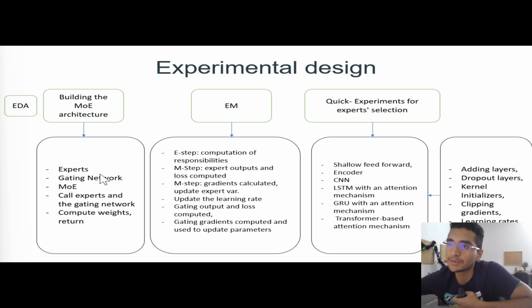So we define how many experts we are using, and we define the architecture of our gating network, which in this case will use a Gaussian mixture of components. Then we combine those two to form the mixture of experts. And then we do the respective calls of the experts and the gating network. Then we compute the weights that represent the probability of a model to match the input data, and then associate that to an output of our prediction.